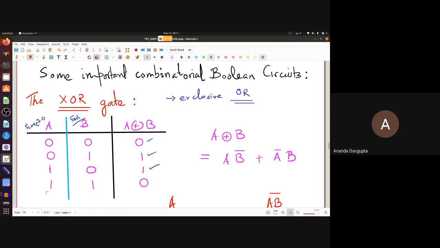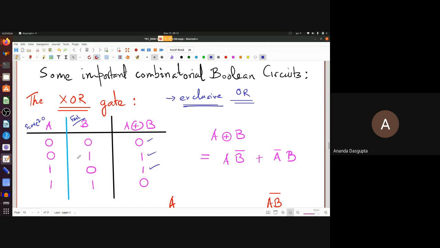This compound statement is true if one of the statements is true or the other one is true, but it's false if both of them are true or both of them are false. That's why exclusive is the adjective that we use here. Inclusive or, which is the ordinary or, is true when any one of the inputs is true. Exclusive or is true only when exactly one of the two inputs is true and the other one is false.